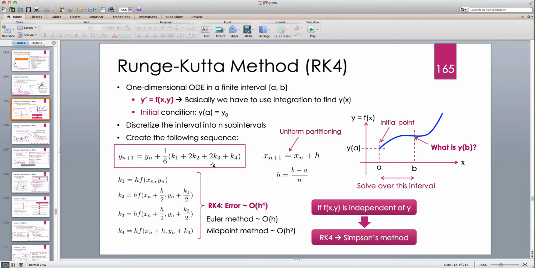And we said that the interesting thing is that if the right hand side, the function f of x and y, does not depend on y, then the Runge-Kutta fourth order becomes the Simpson's method for integration, which we discussed in detail when we talked about numerical integration.